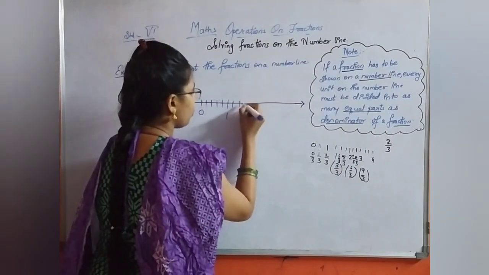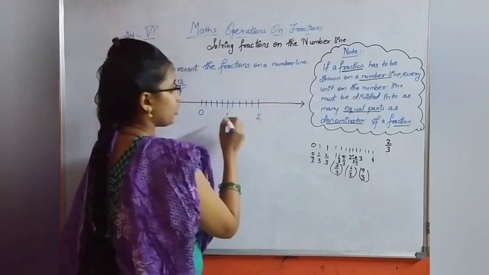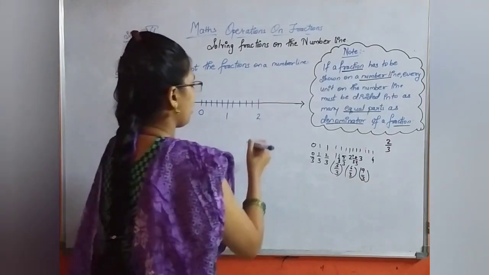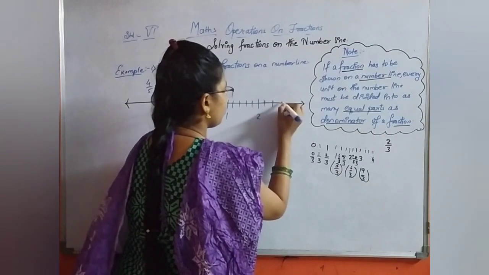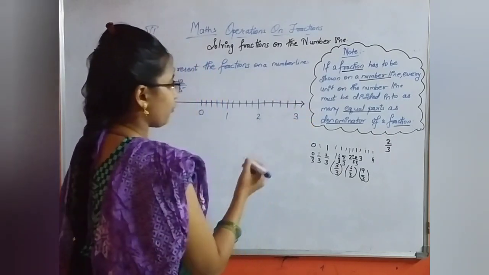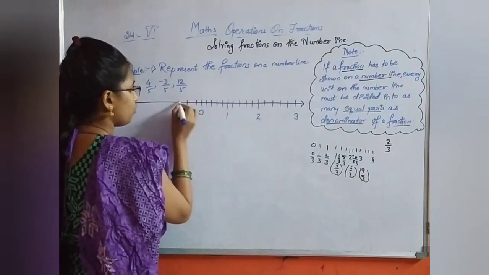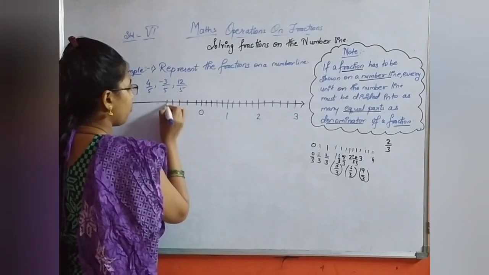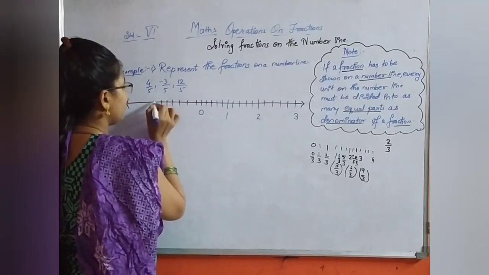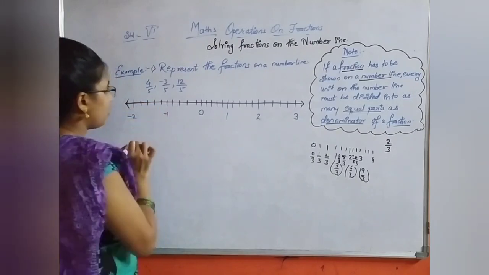Then 1, 2, 3, 4, 5, and the next fifth part is 2. Again 1, 2, 3, 4, 5, the next fifth part is 3 and so on. Here also the same, 1, 2, 3, 4, 5.